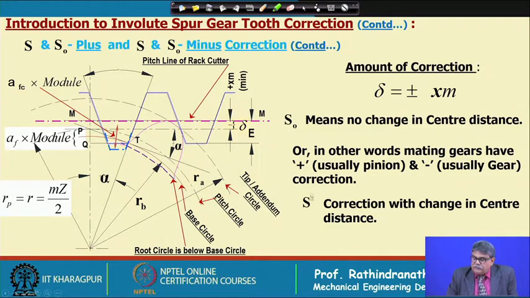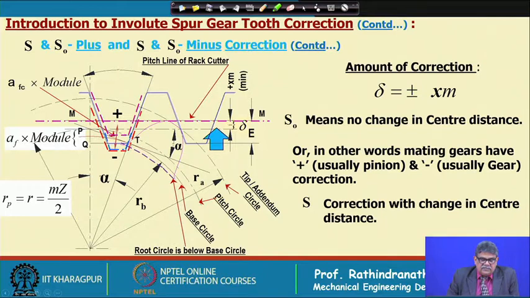Okay. Next, we have shown that if we give the minus correction, it is given by a red line; minus correction means delta is equal to minus x m, but in this case we have given the positive correction. So, again by the pink line the cutter will come to this position.